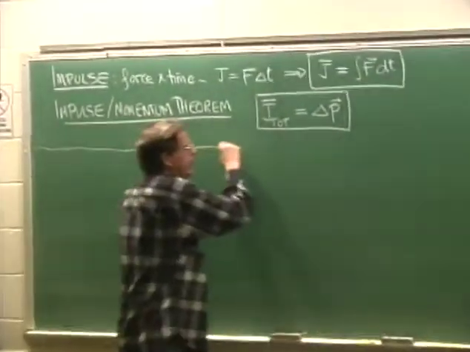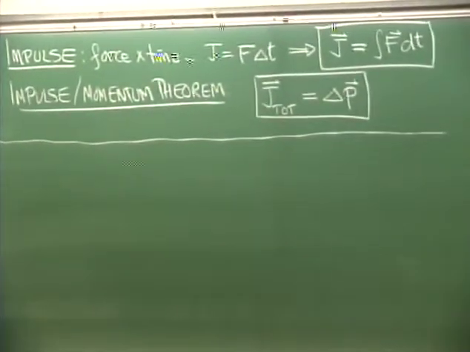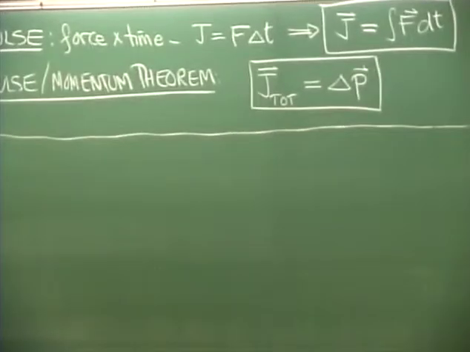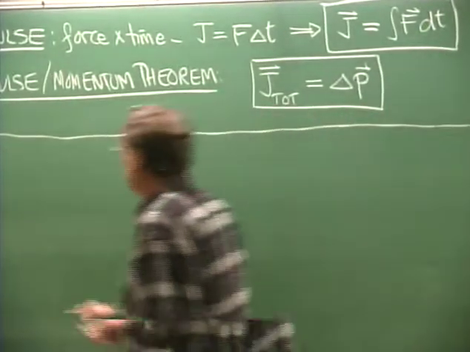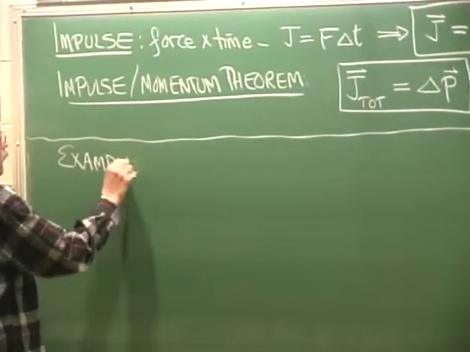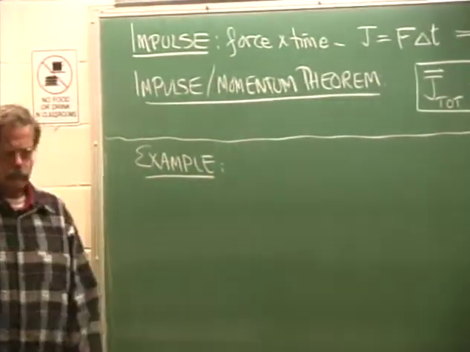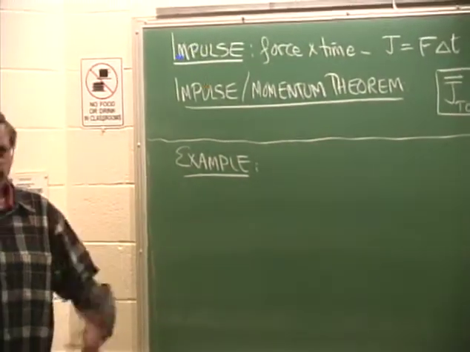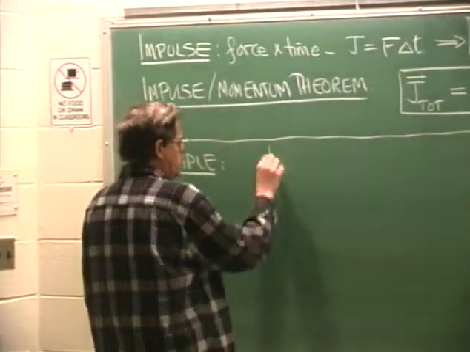I wanted to run an example of the impulse, a little something with power. Suppose that I have an object, and let's say it's an object of mass 3 kilograms.